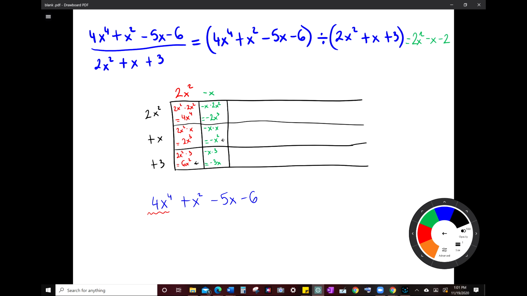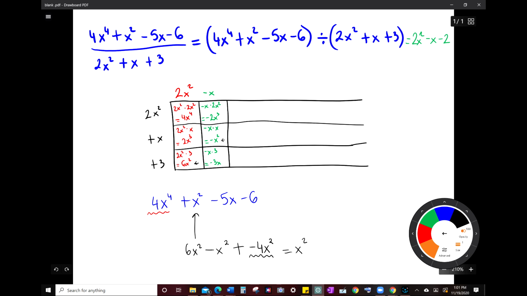So I have 6x squared and then negative x squared gives me 5x squared. However, I need to get back to x squared only. So that means I need to fill in something right here. So 5x squared plus something right here to make it equal to x squared, like what I have in the product. So that means I need to have negative 4x squared here.